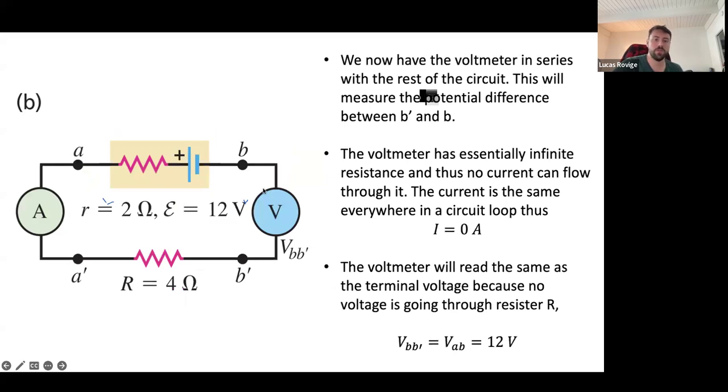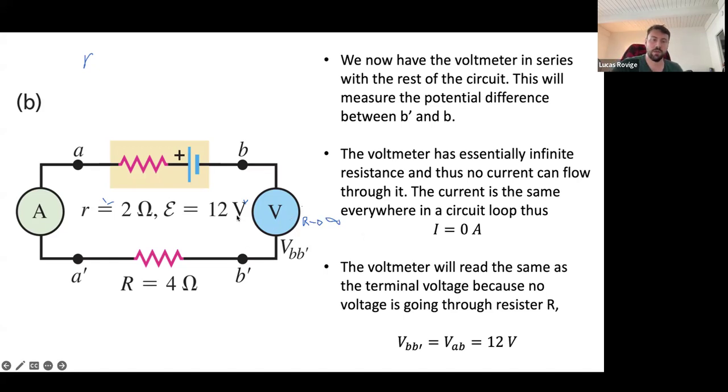But now if we put the voltmeter inside the system in series, the resistance of a voltmeter usually is extremely high, on the order of 1 mega ohm or 10 mega ohm. And so you could say that it's almost infinity.